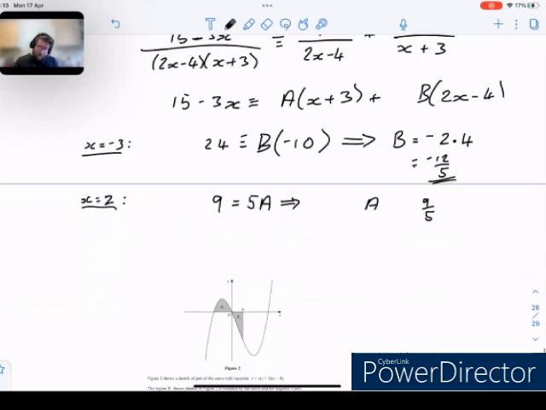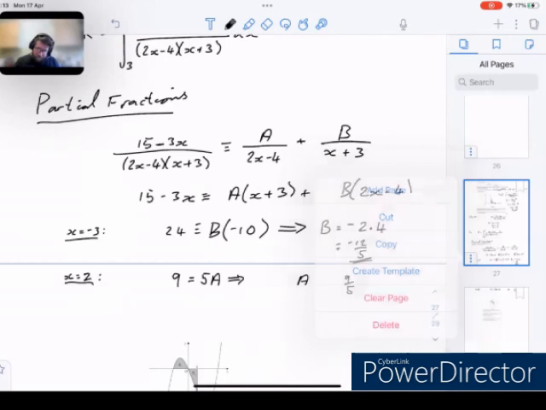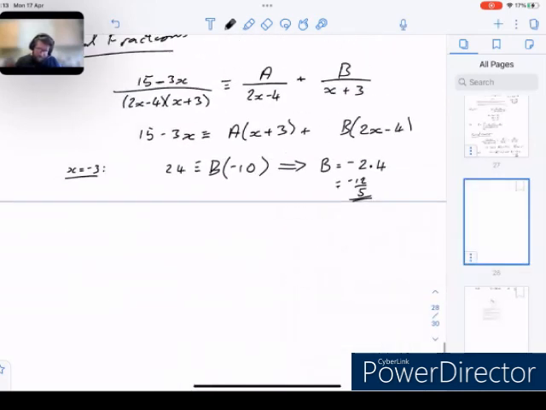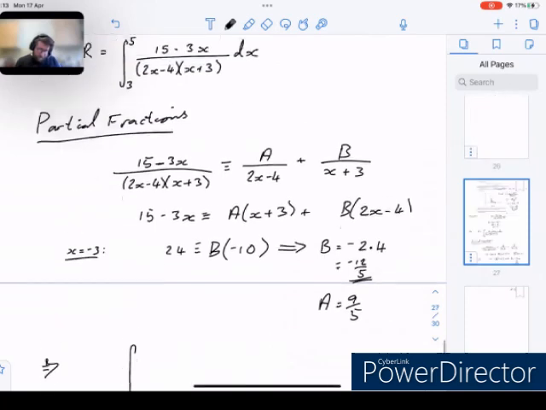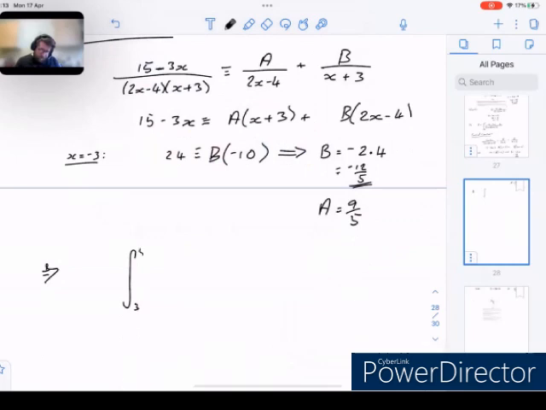Okay, so now, I need more space. A equaled 9/5, didn't it? So the integral that we want is still the integral between 3 and 5 of A over 2x minus 4 plus B over x plus 3.